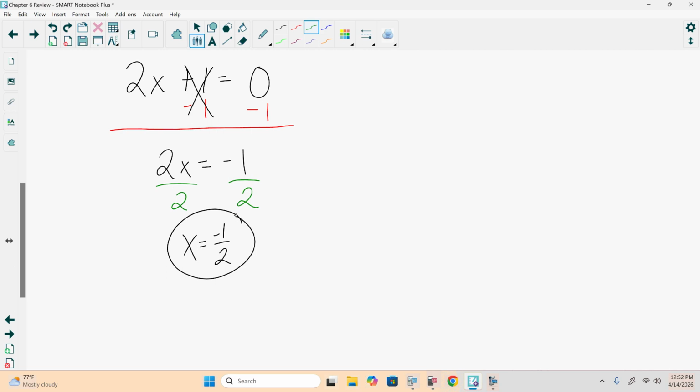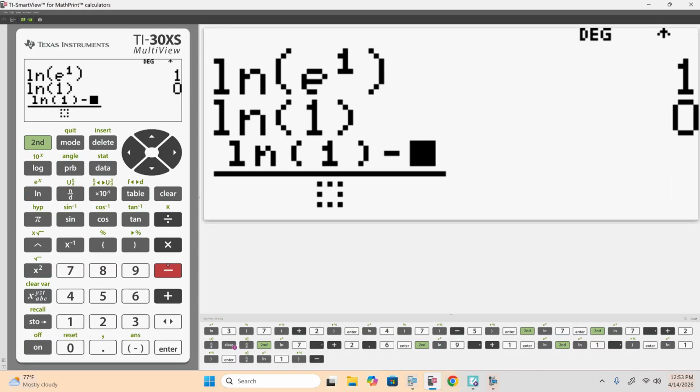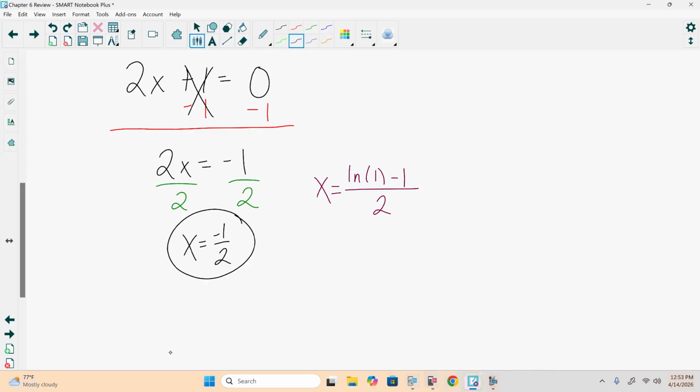Even if we had left it as the natural log of 1, we'd have got x is equal to the natural log of 1 minus 1 all over 2. Natural log of 1 minus 1 all over 2 is still -1/2. We get the same value. Questions on this one here?